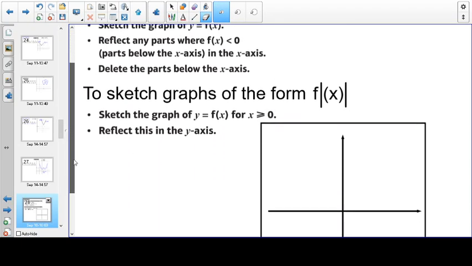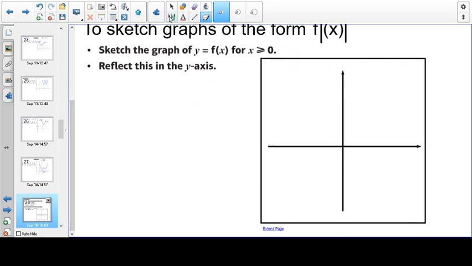Okay, so I'll just show you with a few examples of some sketches. So let's say we want to sketch y equals modulus of 2x plus 5. So what you could do is with your pencil just draw a faint graph.